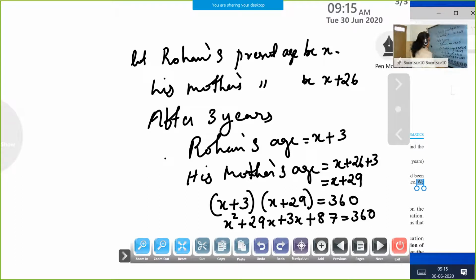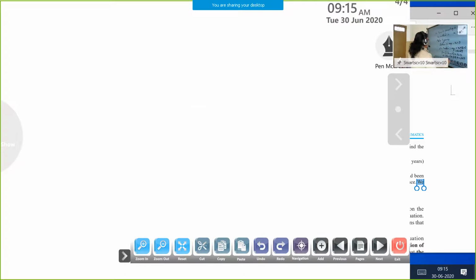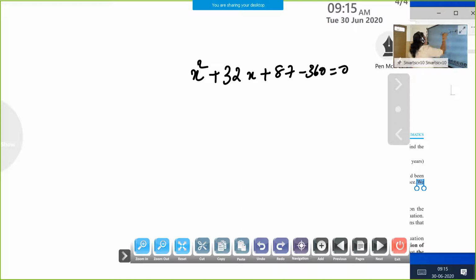Simplify: 29x plus 3x is 32x. Then 87 minus 360. So x square plus 32x plus 87 minus 360 is equal to 0.